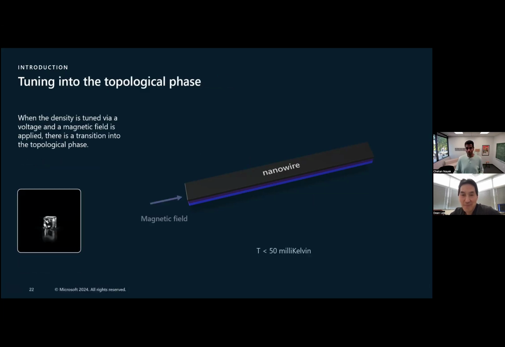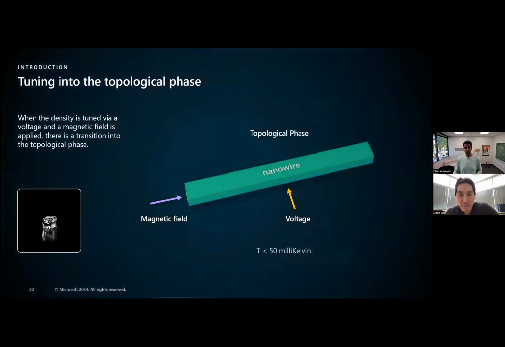And that enables us to, just as if you think about the ice cube versus the liquid, if we take this nanowire in this combination, we apply a magnetic field and a voltage to tune the density, and we're sitting at low temperatures, then as a function of this magnetic field strength, we actually go through a transition.